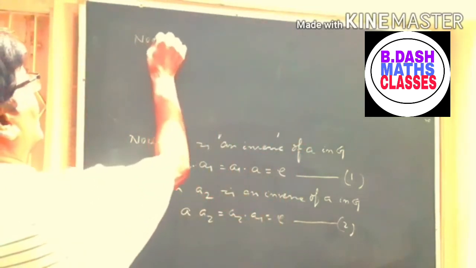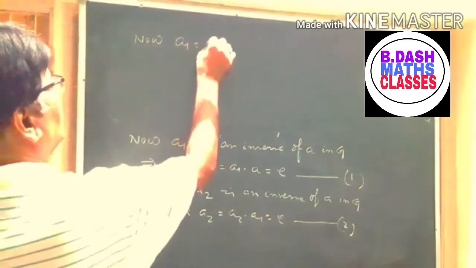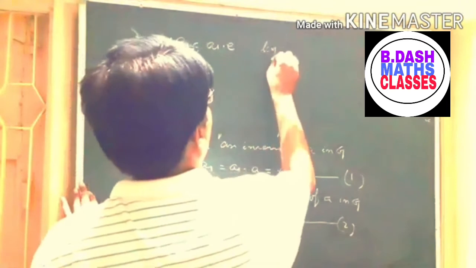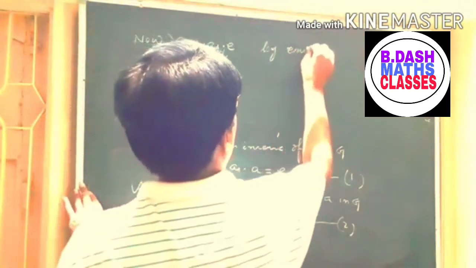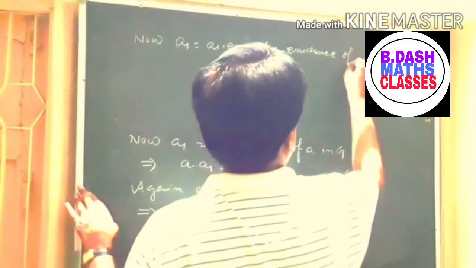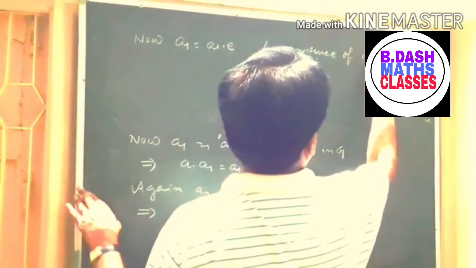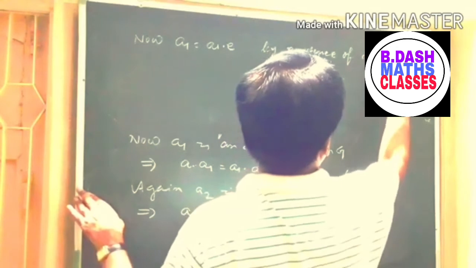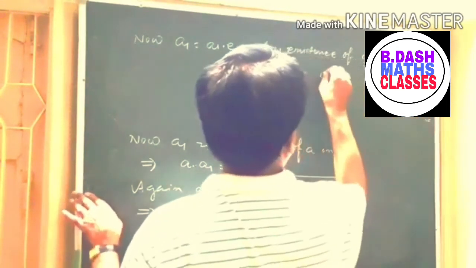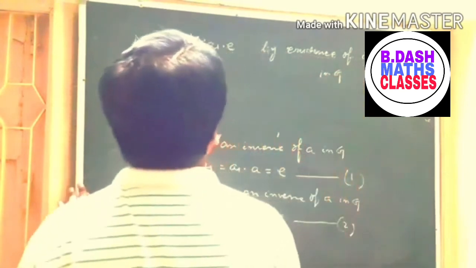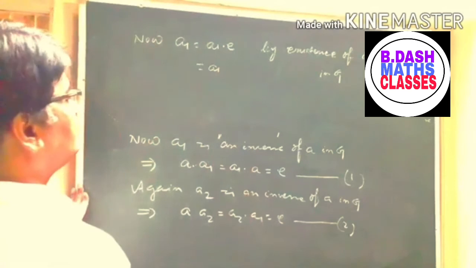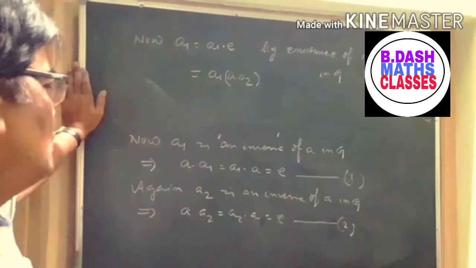Now A1 is equal to A1 into E by existence of identity element in G. Now this is equal to A1, E can be replaced with A into A2.